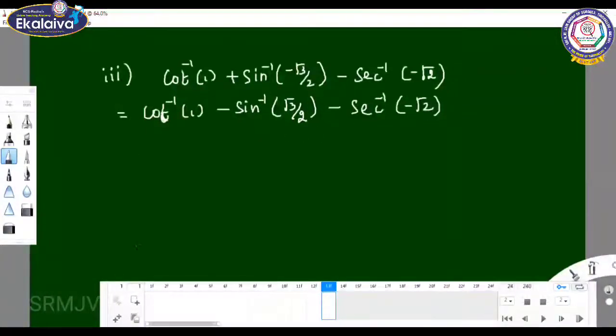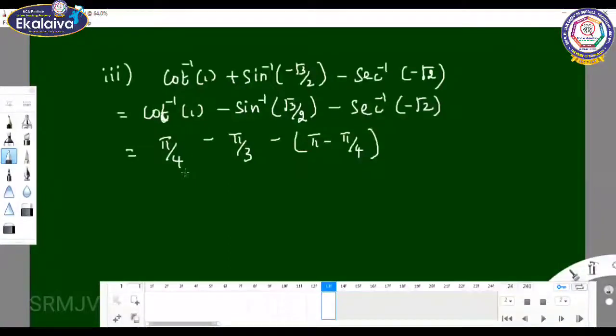See here, cot inverse of 1 is pi by 4, minus sine inverse of root 3 by 2 is pi by 3, minus secant inverse of minus root 2: I told you, 180 minus theta, because the value is 45 degrees. Cos 45 is 1 by root 2 and sine 45 is also 1 by root 2. In this, the minus represents that it lies in the second quadrant.